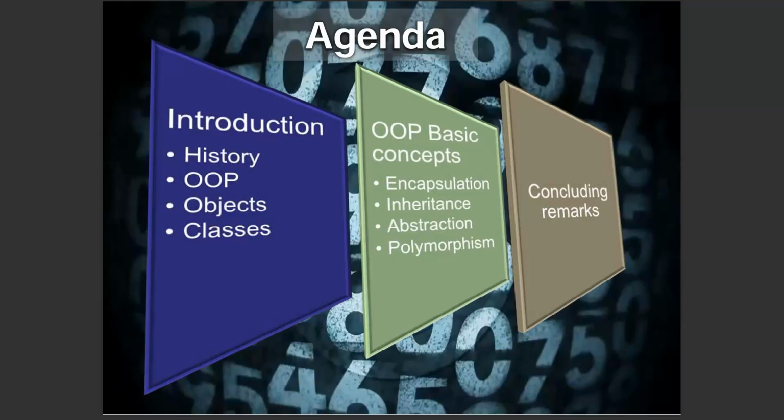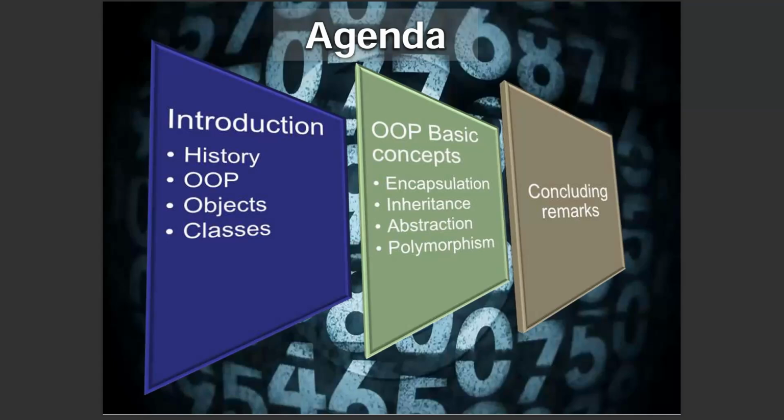All right. The agenda. I want us to cover several things here within a short period of time. One is the introduction, history of OOPs, history of Java, OOPs, objects and classes.